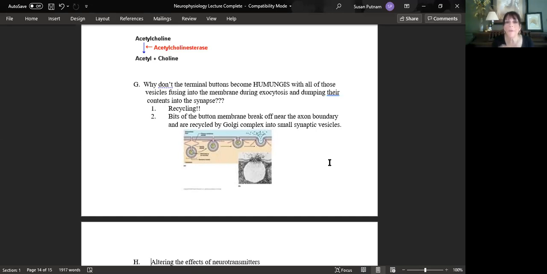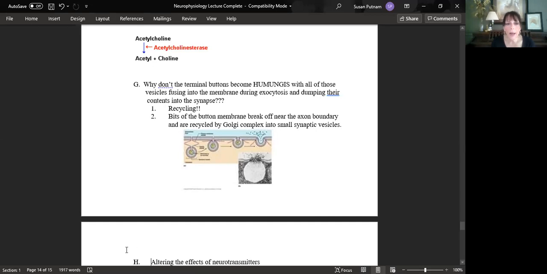Bits of that bouton membrane that are near the axon boundary, so where the axon comes down and then swells out to be the terminal button, pieces of the membrane right there will break off and are recycled by Golgi complex, bet you knew that, into small synaptic vesicles. It's very, very efficient.